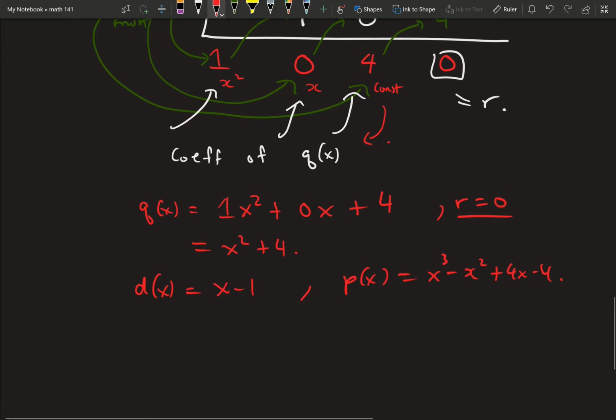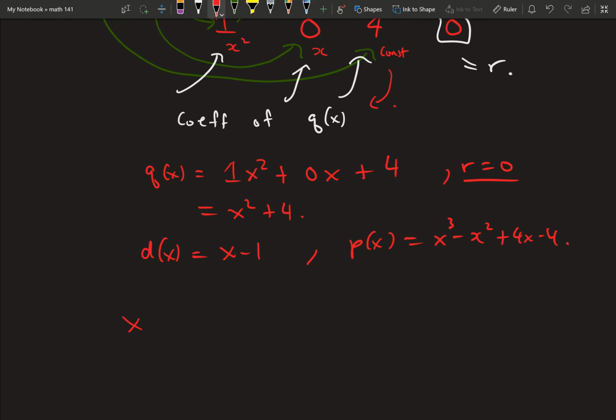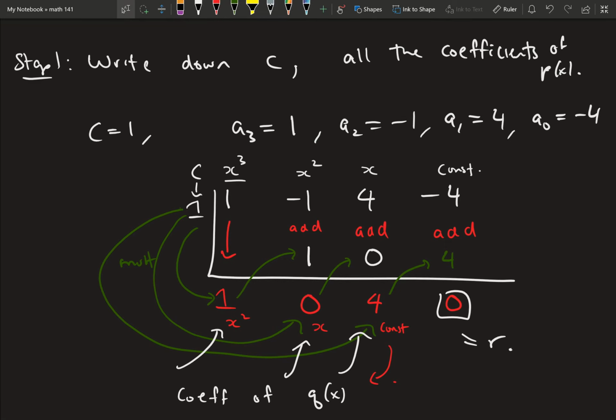And notice this exactly corresponds to what we had above. x cubed minus x squared plus 4x minus 4 is equal to x minus 1 times x squared plus 4 plus the remainder 0. Okay. So this is an example of synthetic division right here.